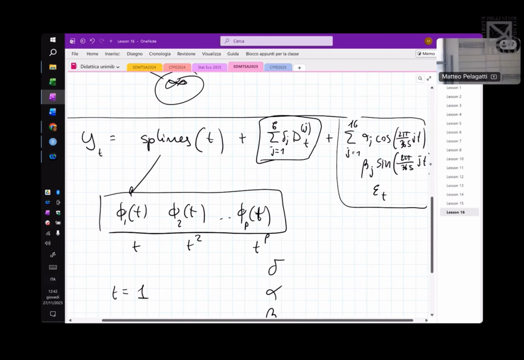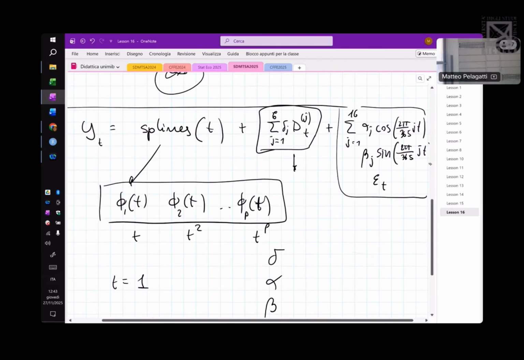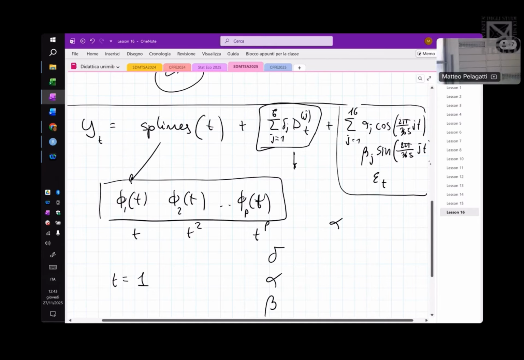And of course, for a dummy variable, you have to check in which month you find yourself at t equal to 1 and pick the right one. And the other ones are just lagged versions of this. And for the sine and cosine, the initial value will be alpha j times the cos of 2 pi divided by 365 times j times 1.